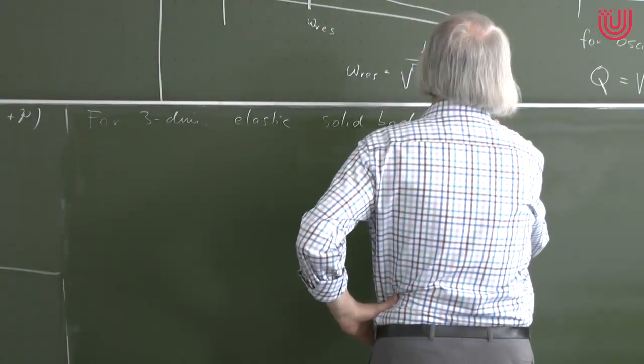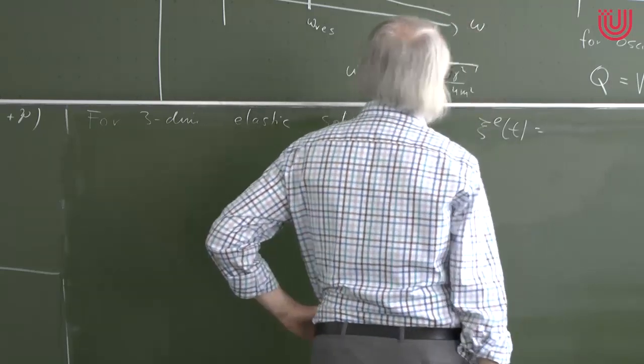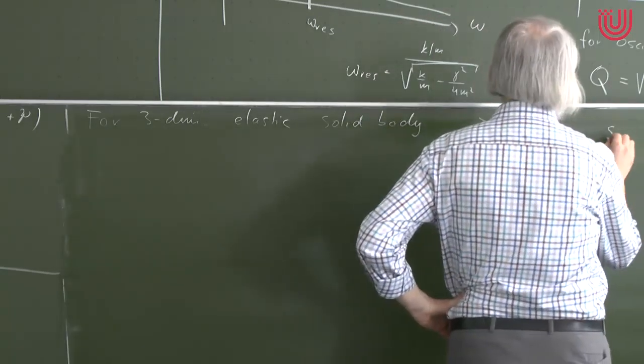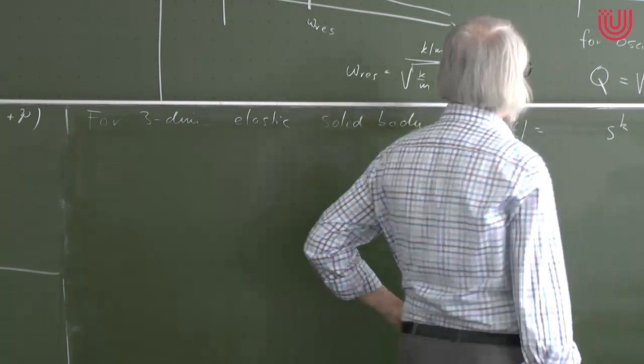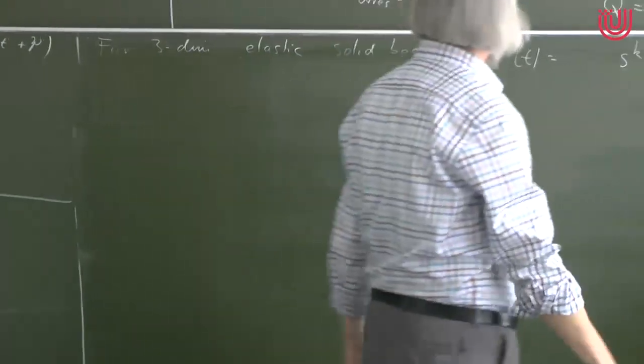the elongation psi L of t is not necessarily proportional to the s, as we have assumed here. We've assumed here that motion is only possible along this one-dimensional line.